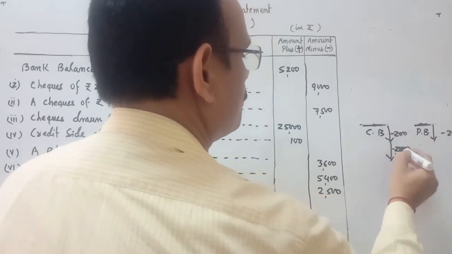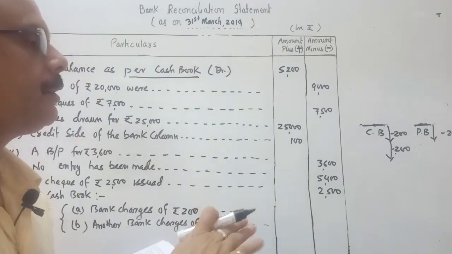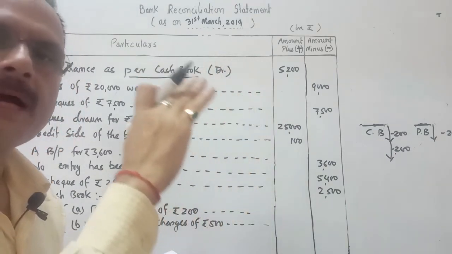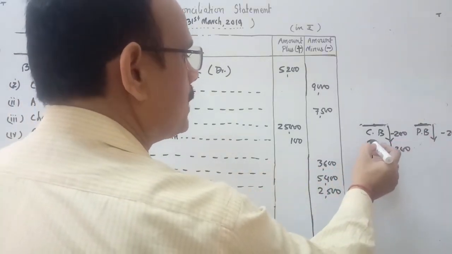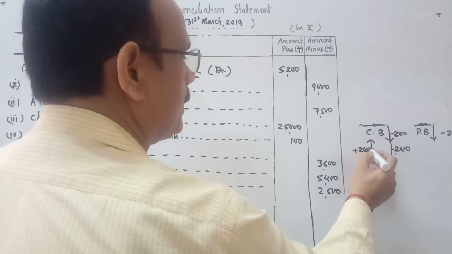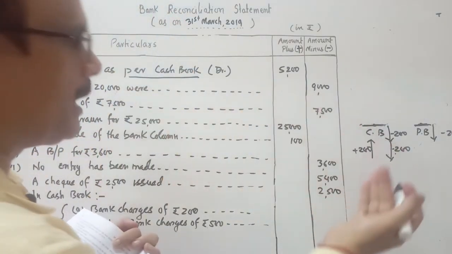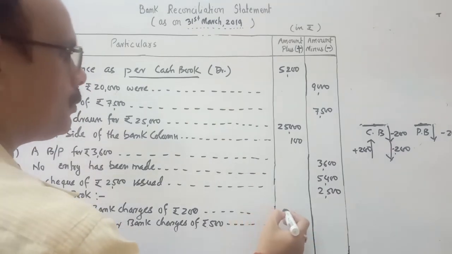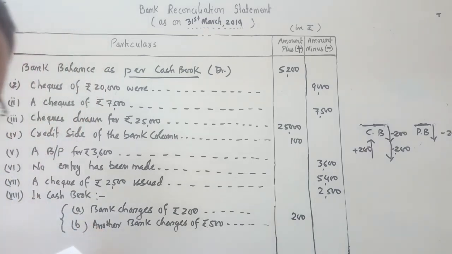In the cash book two times it is recorded, so the cash book is reduced by 400 whereas the passbook is only reduced by 200. To make the balance equal, we will add 200 in the cash book so that it becomes equal to the passbook. So plus 200 will be added by us.